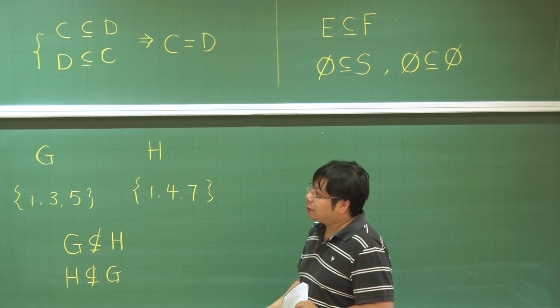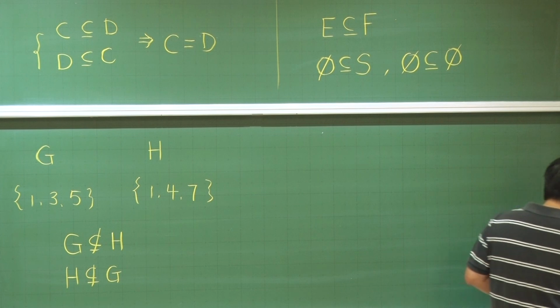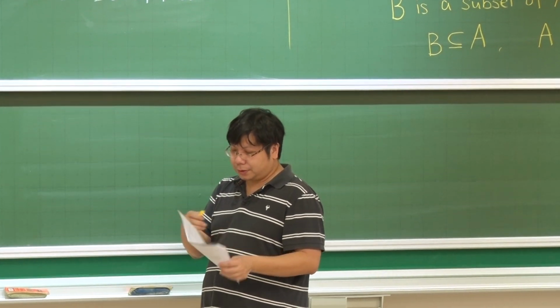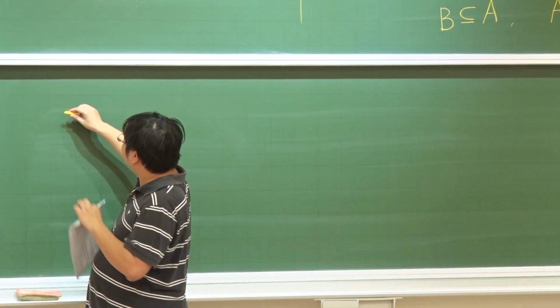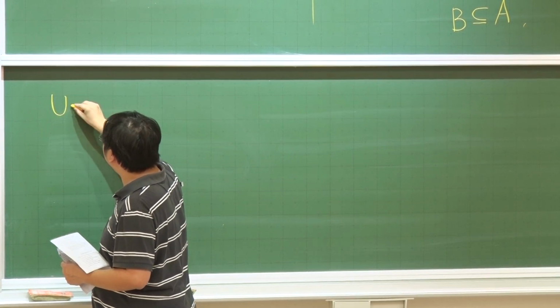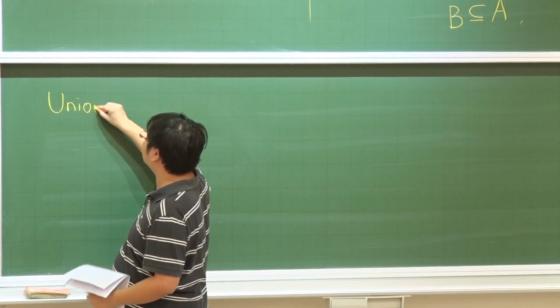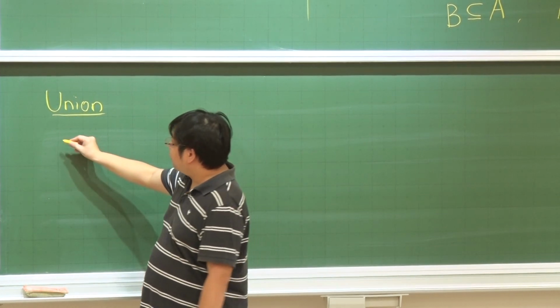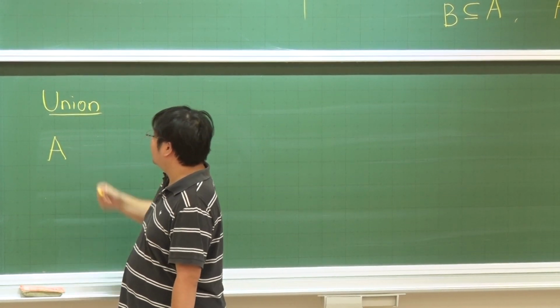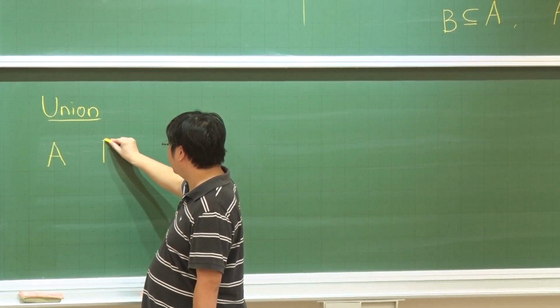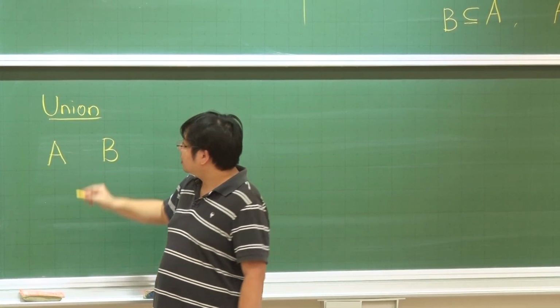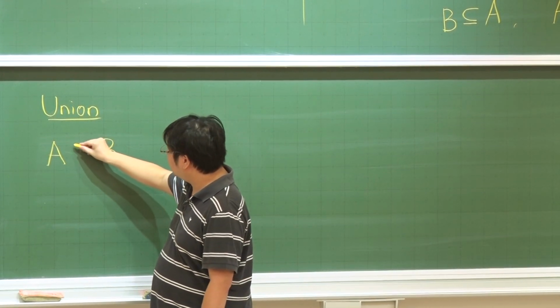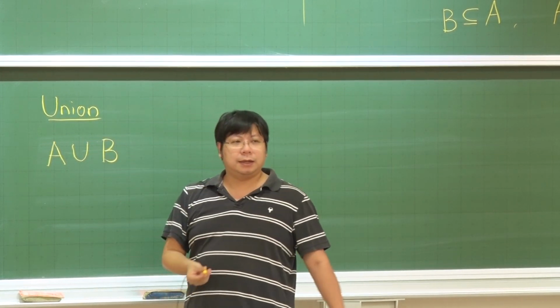Okay, and now let's talk about set operations. The first one is the union operation. So I have a set A, and then I have a set B. The union of A and B, we can write it down like this.